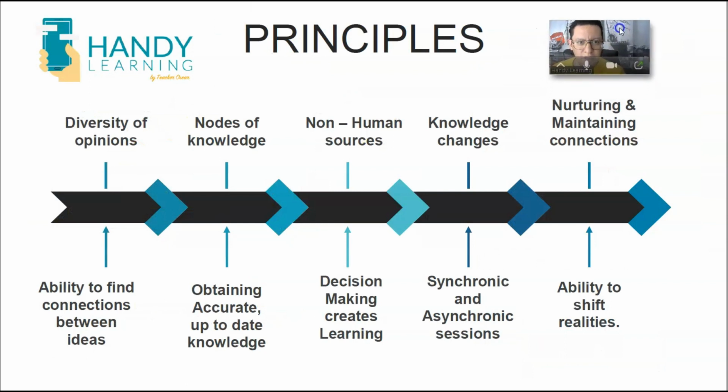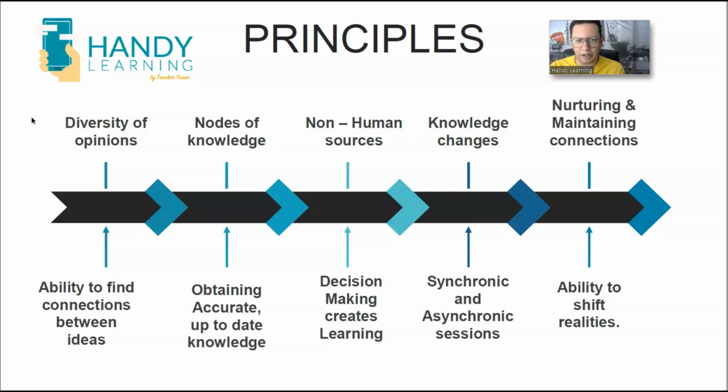The principles in connectivism are: first of all, we need to understand that connectivism resides on internet and technological platforms. Therefore, learning happens through social interaction with different people from around the world through internet.